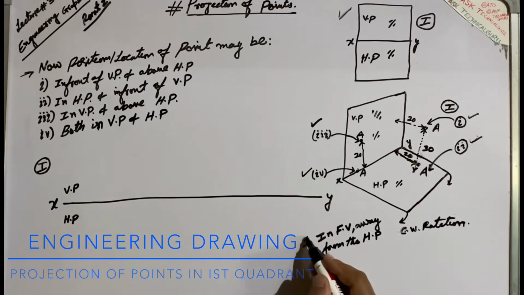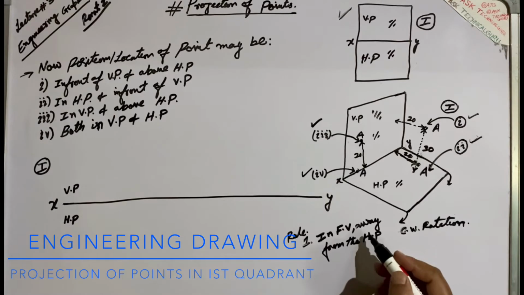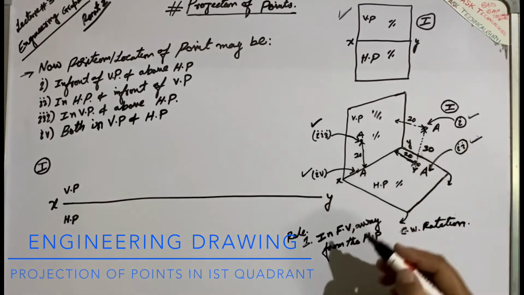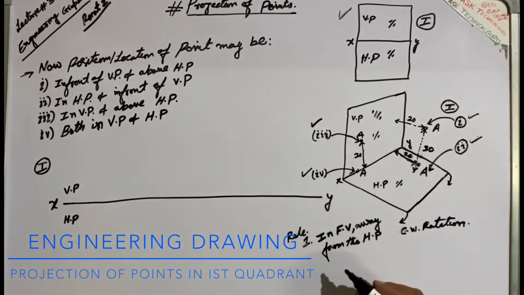First important rule is that in front view we are able to see how much this point is away from the horizontal plane. Okay, this is 30 mm in this particular problem.